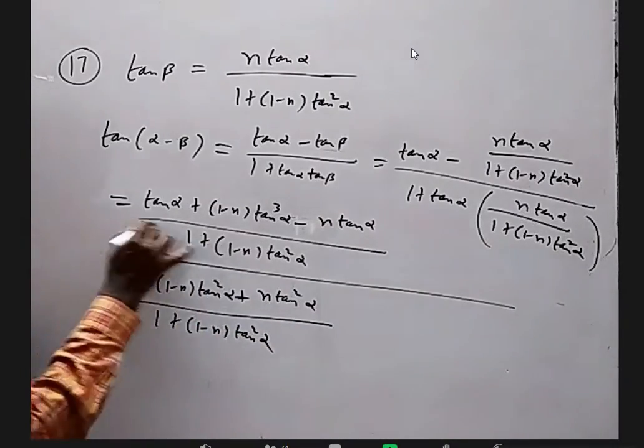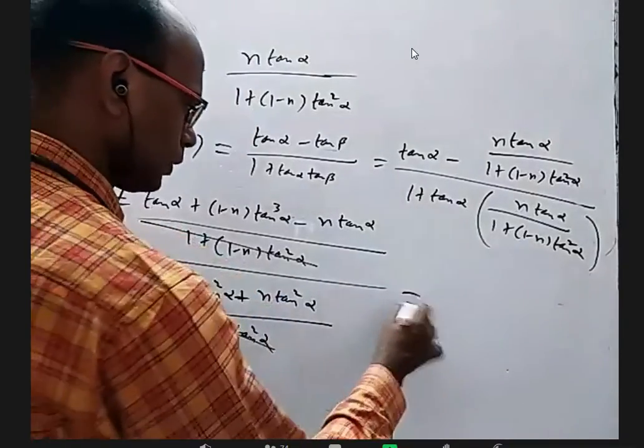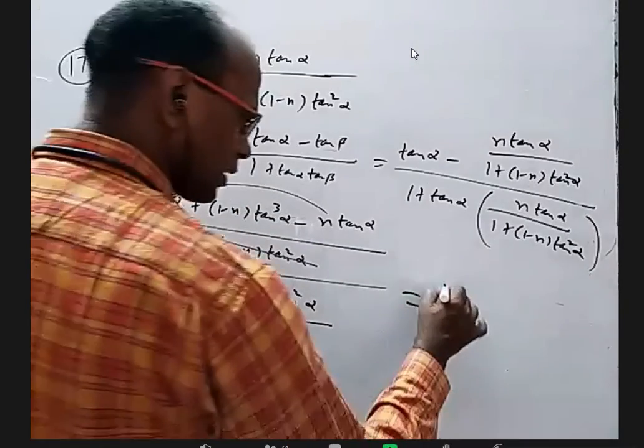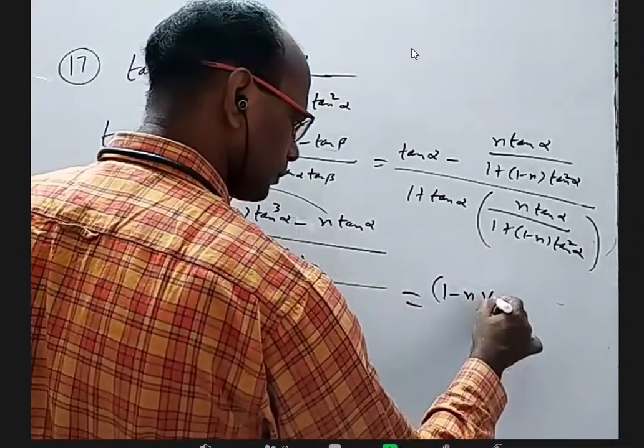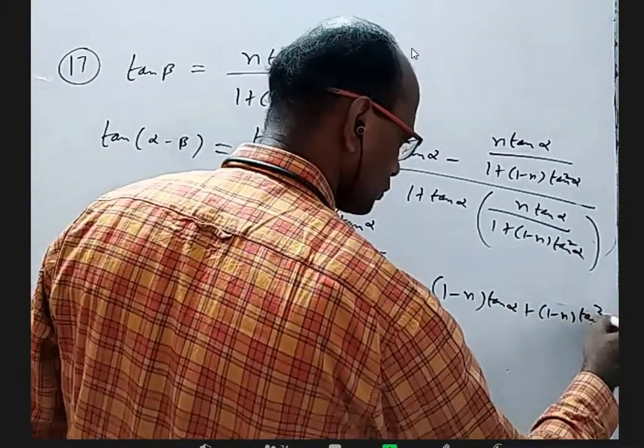This denominator is the same, we can cancel. Here I can combine these two, I'll get 1 minus n tan alpha plus 1 minus n tan cube alpha.